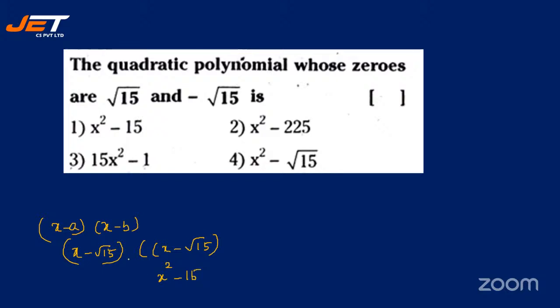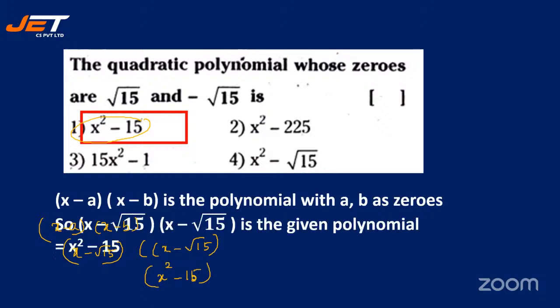The root goes off; root 15 times root 15 is just 15. So your answer must be option 1. Let's see. Yes, it is. Hope you would have got the answer. Let's move on to the next question.